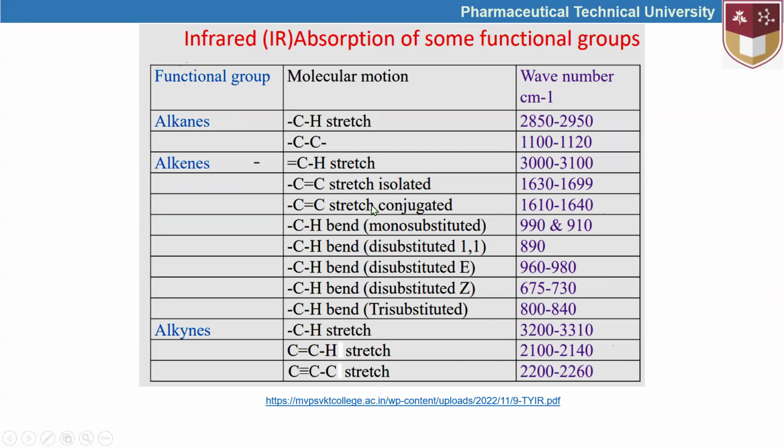And carbon-carbon stretch isolated, or carbon-carbon stretch conjugated, they also have differences, even if they have a little overlapping points. CH bend monosubstituted, CH bend disubstituted 1,1, or CH bend disubstituted E isoform, CH bend disubstituted Z form.